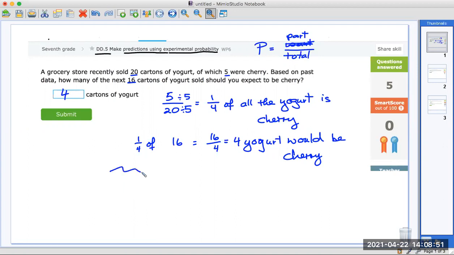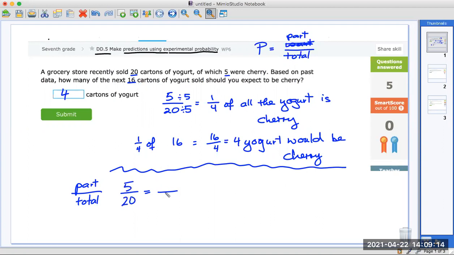Another way to look at it is to write a proportion and solve. You can say the part over the total, and a proportion is two equal fractions. So in our first fraction, we have 5 out of 20 are cherry.